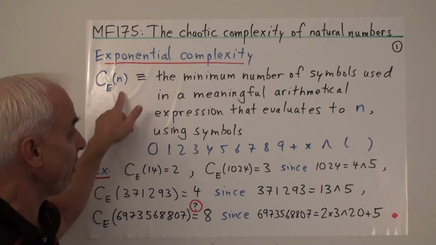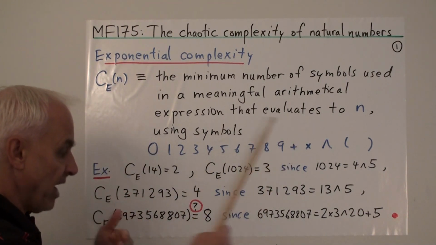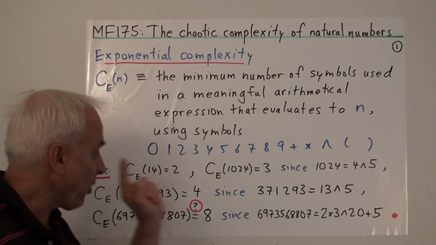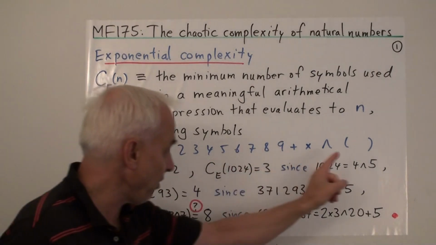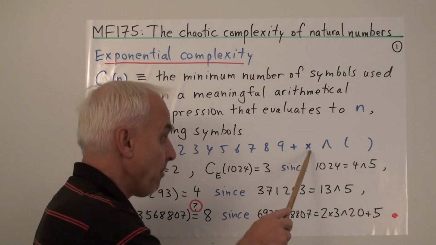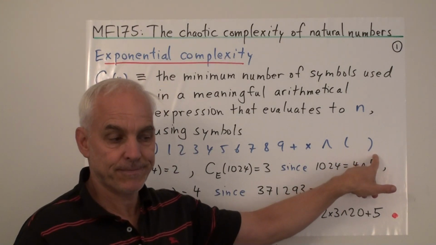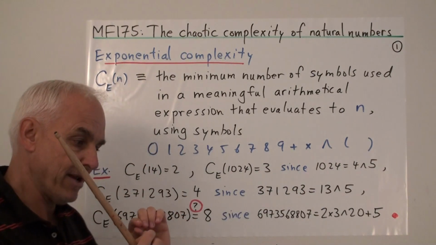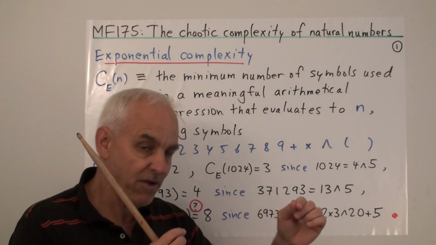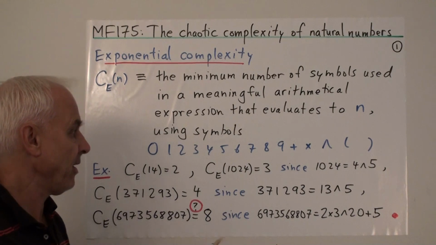So n is a natural number, and its exponential complexity is the minimum number required to have an arithmetical expression that evaluates to n, where we're only using the following symbols: the digits 0, 1, 2 up to 9, together with addition, multiplication, exponentiation, and a left and a right bracket. And we're obliged to write an arithmetical expression as a sequence of symbols, a string of symbols, which have a meaningful arithmetical content.